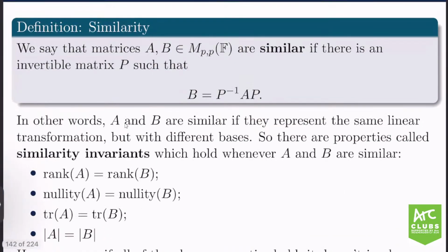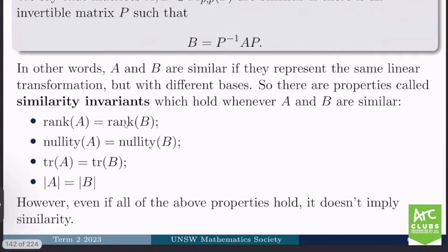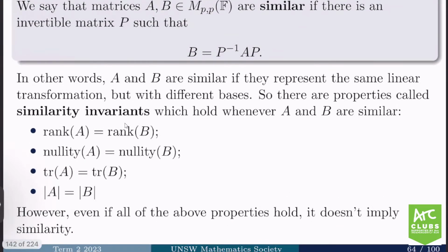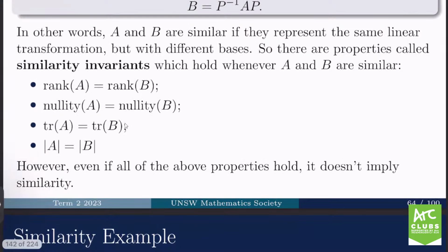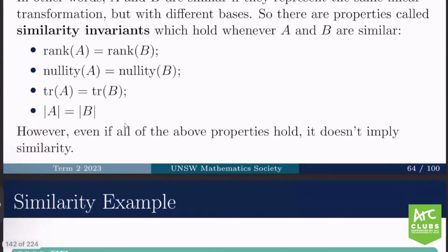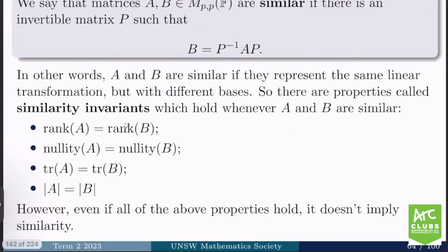Okay, so in terms of similarity, in order to show that two matrices, for example, weren't similar, we can look at some things called similarity invariants, which hold whenever A and B are similar. So for all similar matrices A and B, their rank must be equal, the nullity must be equal, the trace must be equal, and the determinant must be equal.